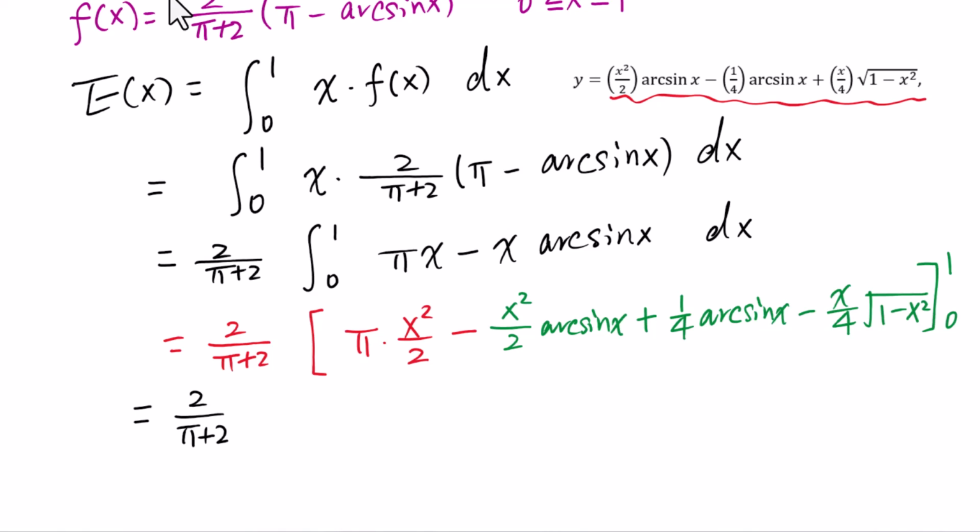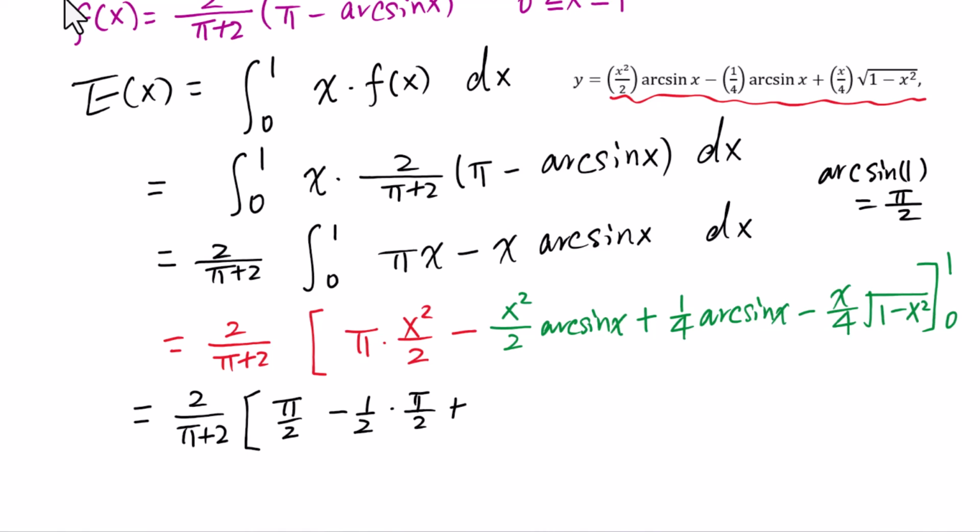We will substitute 1 into these expressions. Pi over 2 minus 1 over 2 arc sin 1 equals pi over 2 times pi over 2 plus 1 over 4 times pi over 2. Then minus 1 minus 1 is 0.